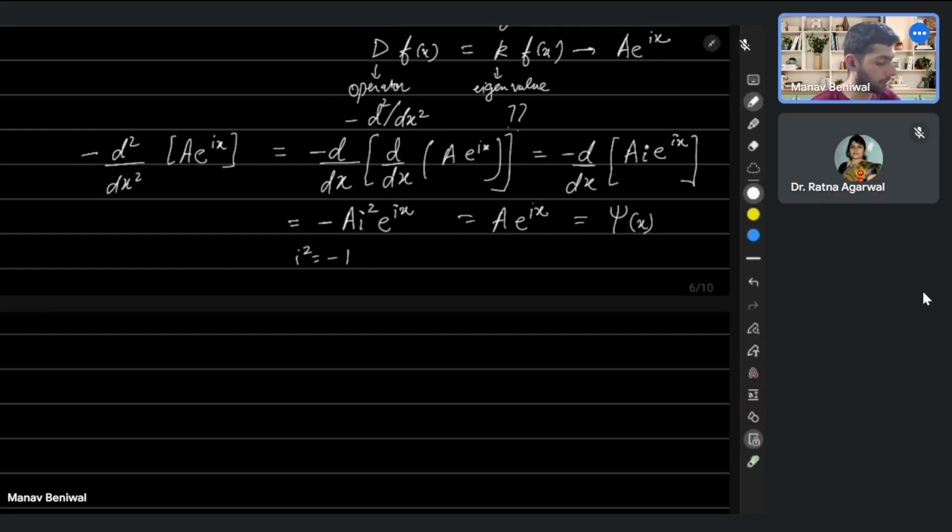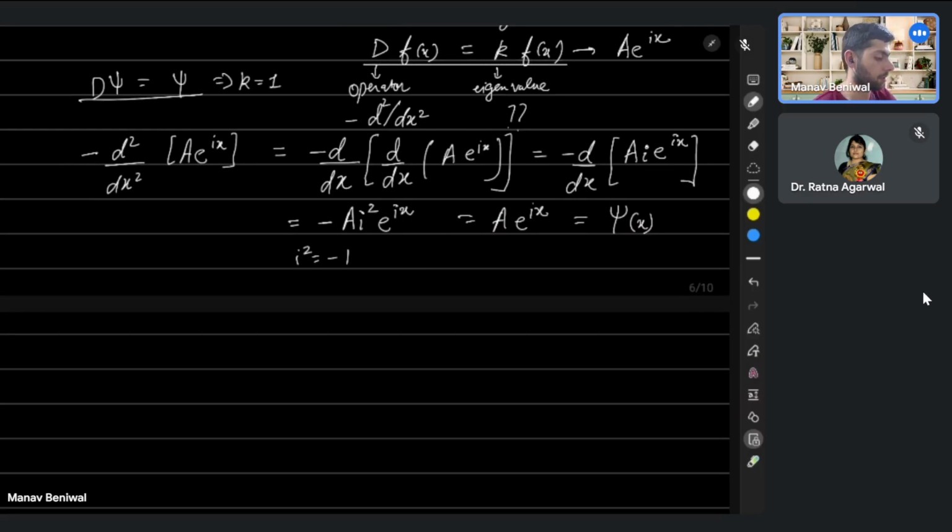So now we note that when we operated on psi, we got psi again. So what is the eigenvalue? If we compare this equation with the definition equation here, we note that k is 1.